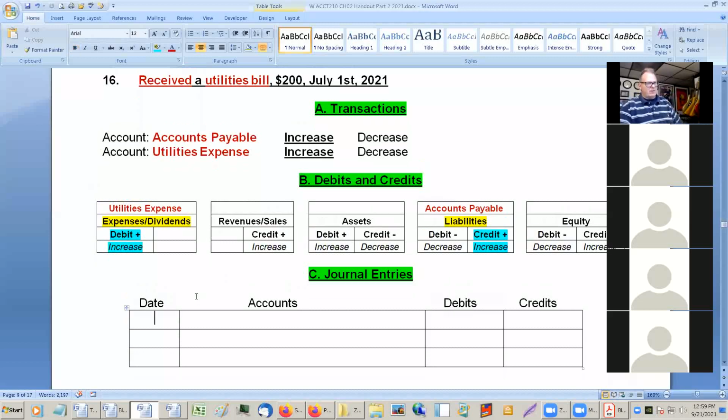Okay, July 1st. 7/1. Okay, so utilities expense. And again, they're always going to be debits.